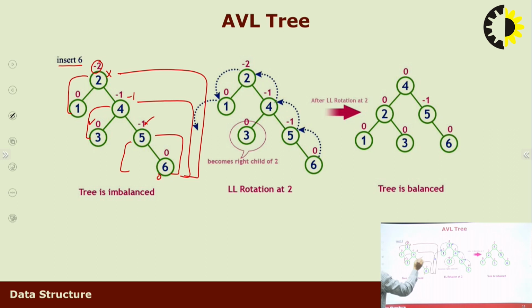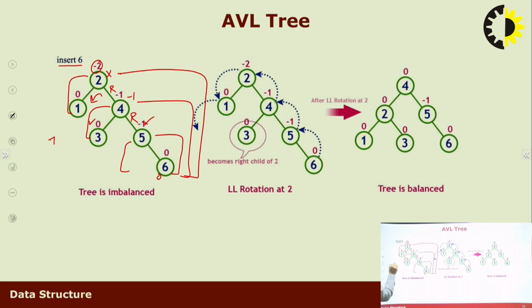That is the right of this, and that is the right of this. We have to do this 2 times. That means we are getting 2R. We will rotate the tree at node number 2 in the left direction. If we do this, then it will be like this.